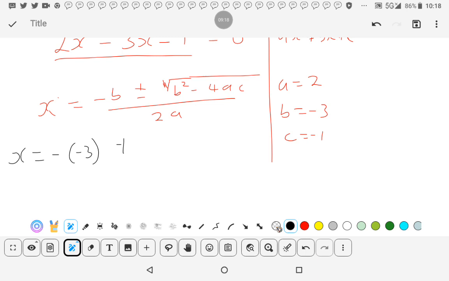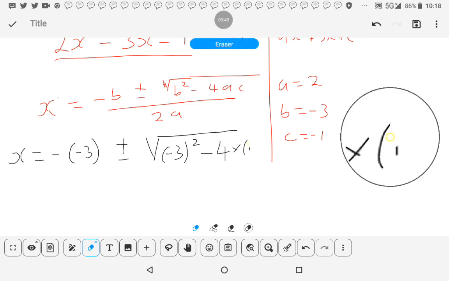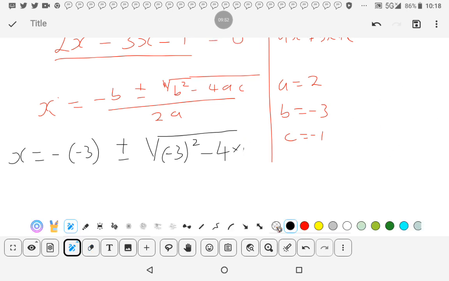Then plus or minus the square root of b squared, that is minus 3 squared, minus 4ac, that is 4 times your a, which is 2, and your c, which is minus 1.